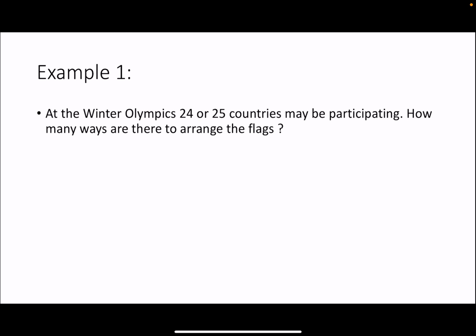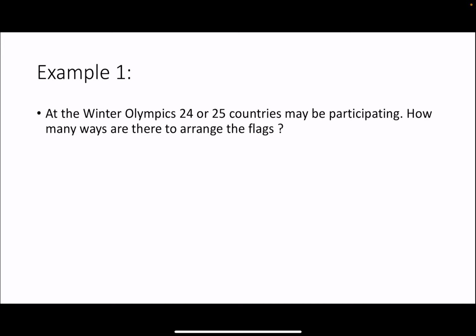So, example 1. Let's see how to do this. At the Winter Olympics, 24 or 25 countries may be participating. How many ways are there to arrange the flags?